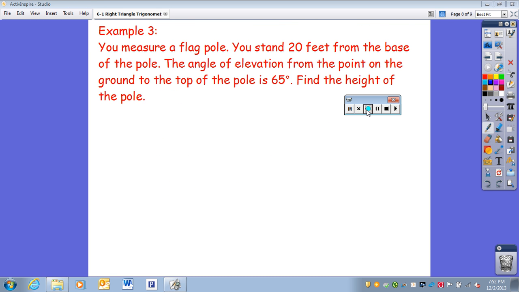In our next example, we want to show you how we can use trig functions in real-life applications. So, if you measure a flagpole and you are standing 20 feet from the base of the pole, so here we are, I am standing 20 feet from the base of the flagpole.